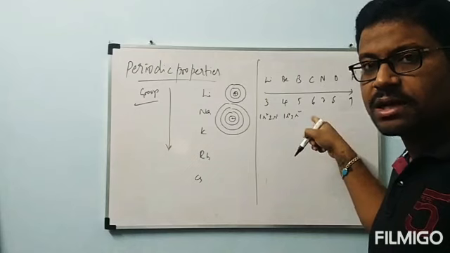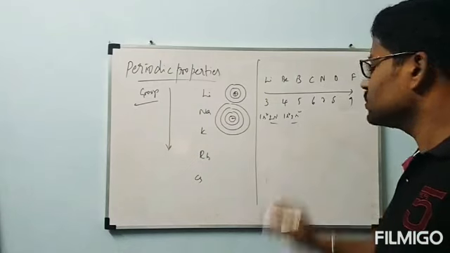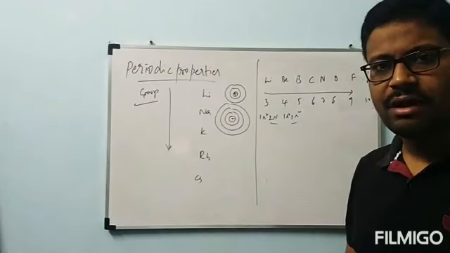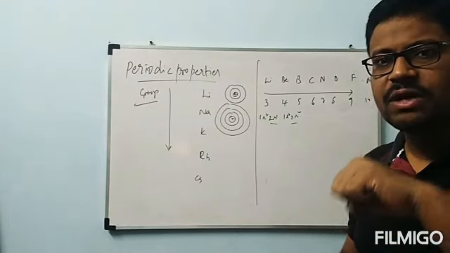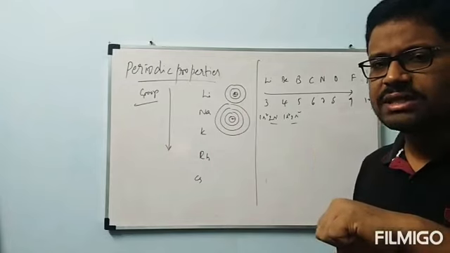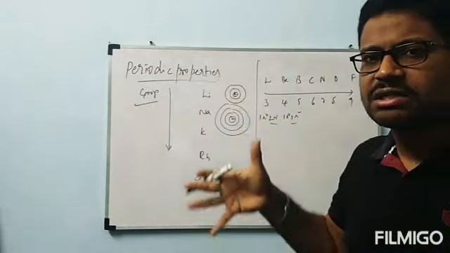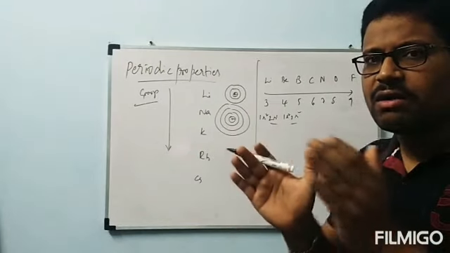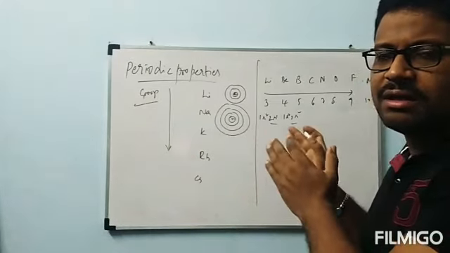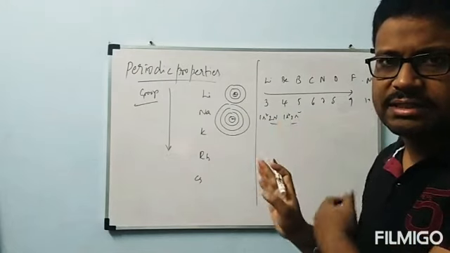The 2p also belongs to the second shell only. So the outermost shell remains the same, the second shell only. But the number of protons increases, so nuclear charge increases. This nucleus will hold the outermost electrons very effectively. Because of that, they will come closer. Then, according to the nuclear charge increase, atomic size decreases.